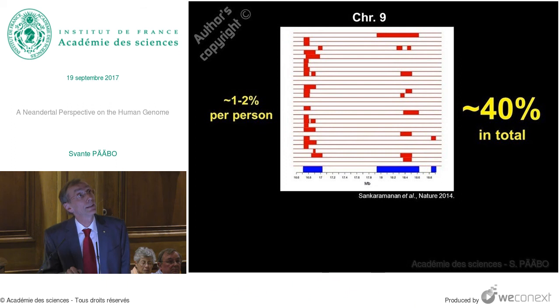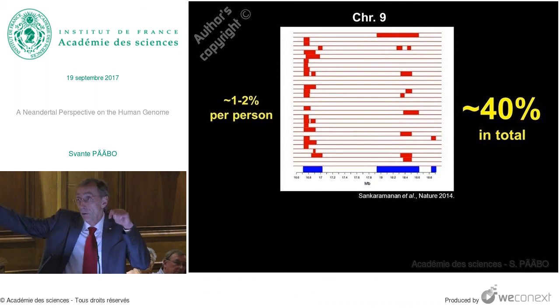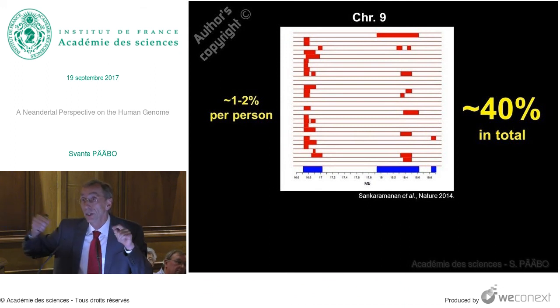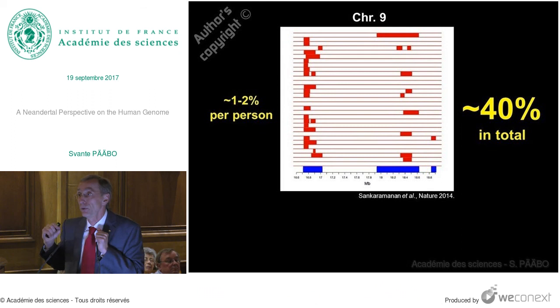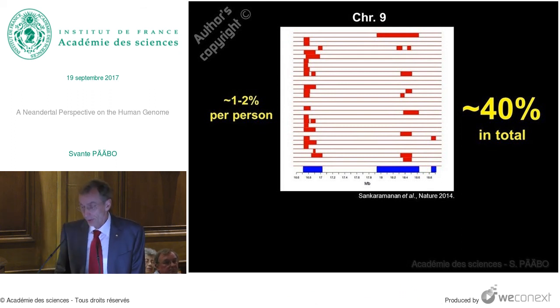So you can ask, if we jump from individual to individual in this room, for example, and try to reconstruct bigger parts of the Neanderthal genome, how much of the Neanderthal genome can we reconstruct without studying any old bones, just looking at people today who walk around on the street? That's still a bit uncertain, but somewhere around 40%, approaching half, of the Neanderthal genome is still around today, but distributed among many different individuals.